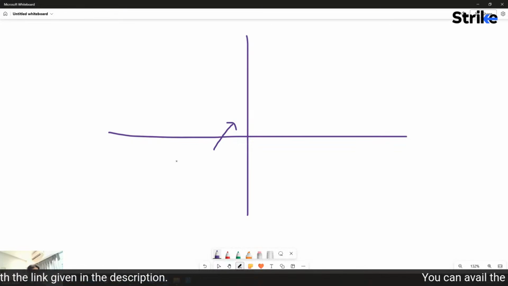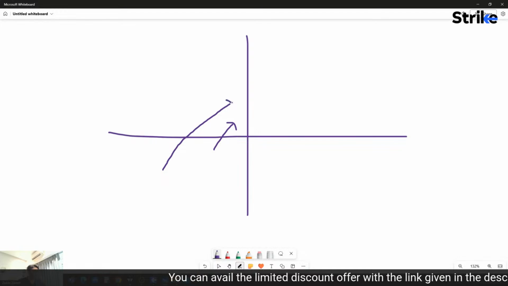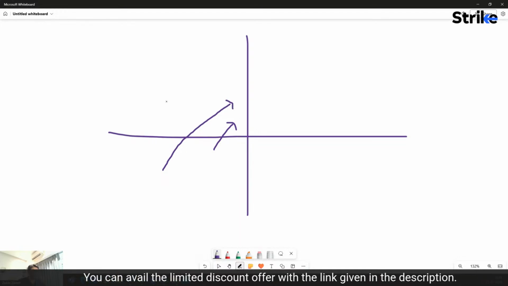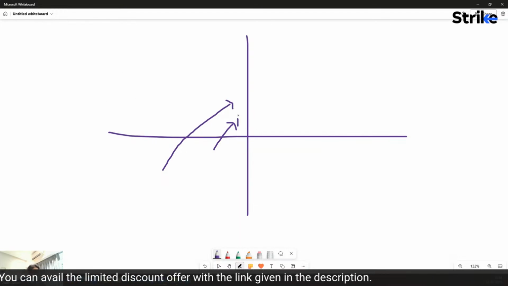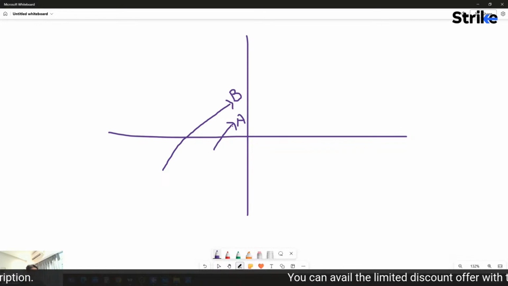And then there is one more index whose RRG is something like this over here over a period of the last 5. So let's say this is sector A and this is sector B. Now, a quick question: which one would you prefer? Is sector A stronger or is sector B stronger?